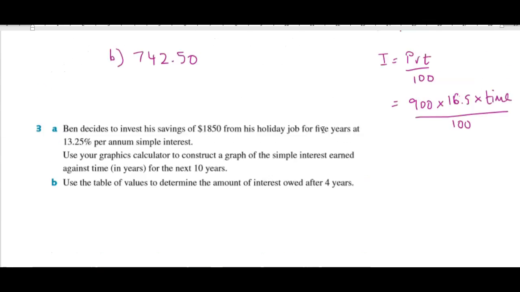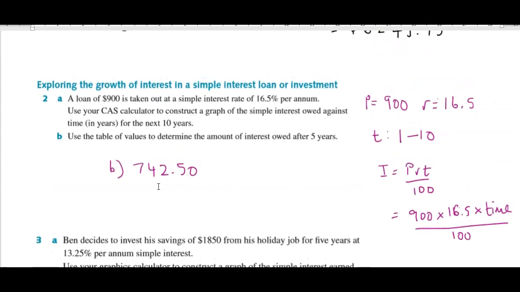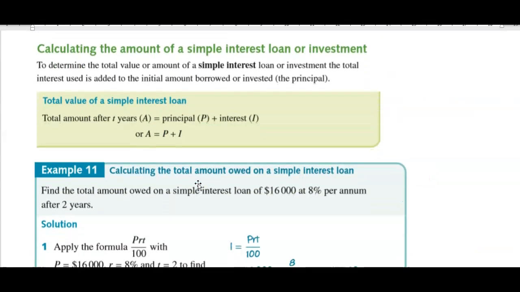So when I was talking about the previous question, the amount of the loan is the initial $900 plus the $742.50. So you have to pay back the loan, the $900, but also the amount of interest that has accrued. When we are looking at the formula for that, you do need to use the simple interest formula to calculate your interest, and then you just add that to your principal.